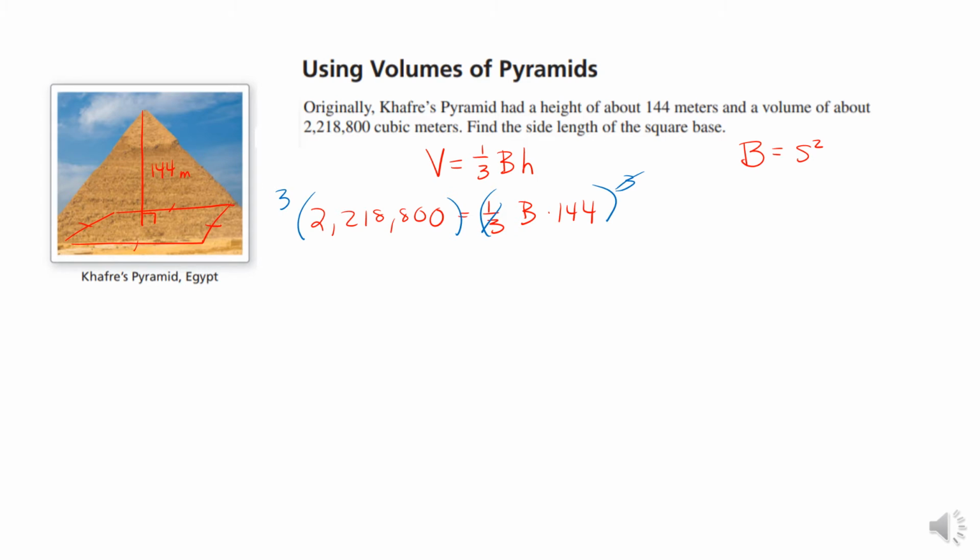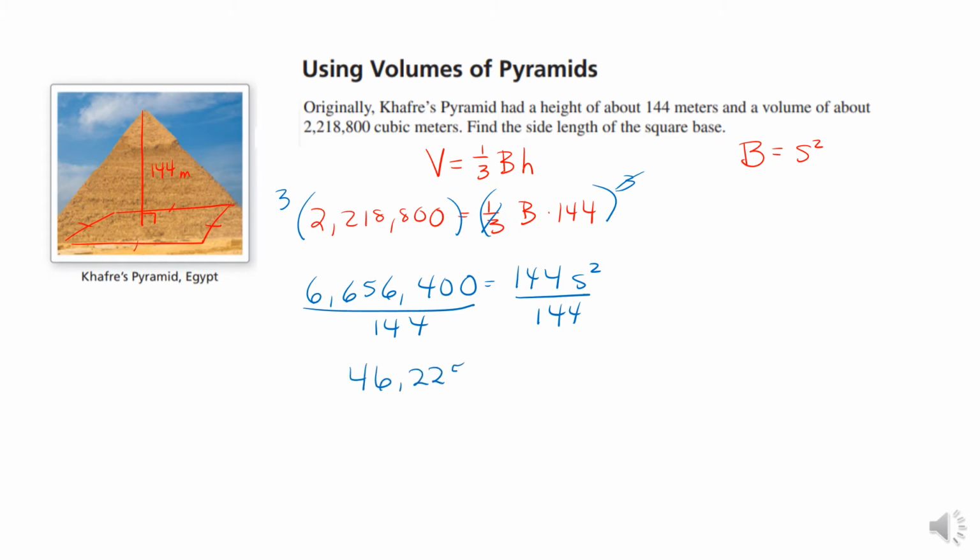And I get 6,656,400 equals 144 side squared. I'm going to divide both sides by 144, and I get 46,225 equals side squared.